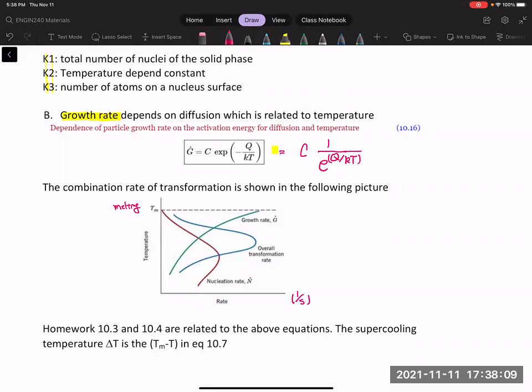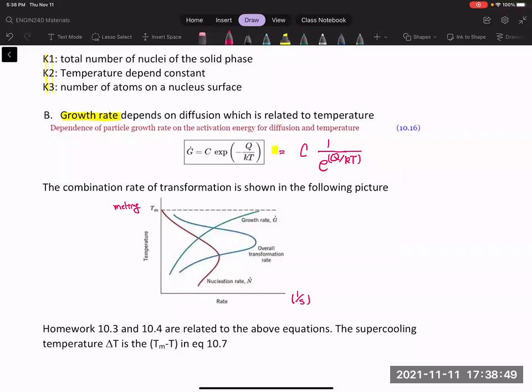And if you look at the curve, you can see the nucleation rate will start to increase once you lower the temperature. The higher the difference of the temperature, the faster the nucleation rate. But if you make it too cold, the nucleation rate will decrease because normally a higher temperature is going to have a higher transformation. So when you lower it too low, then it will start to decrease.